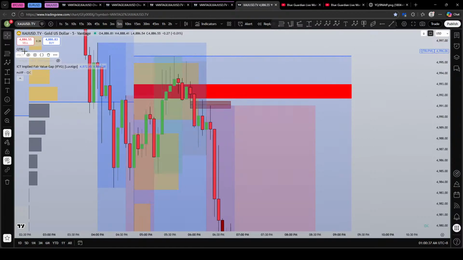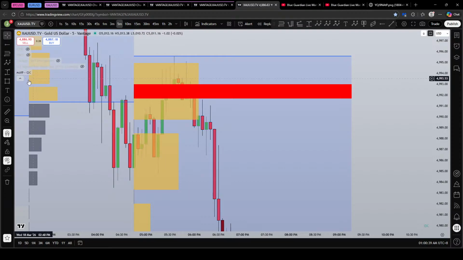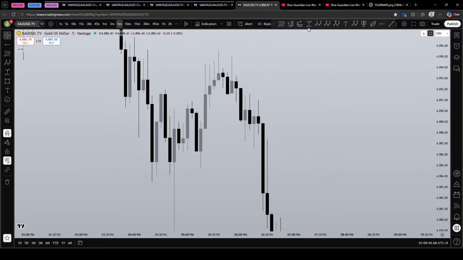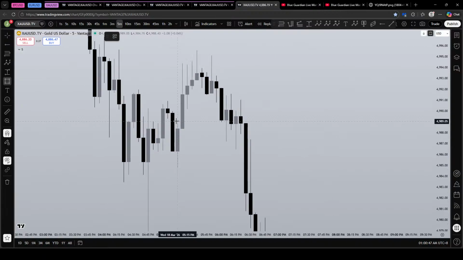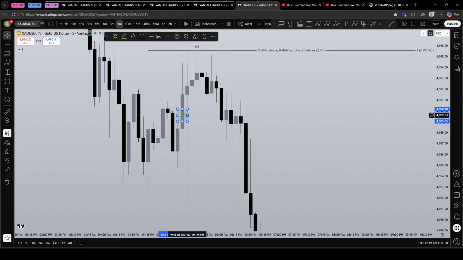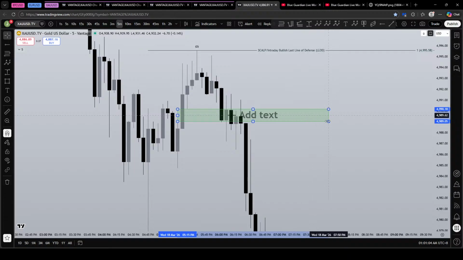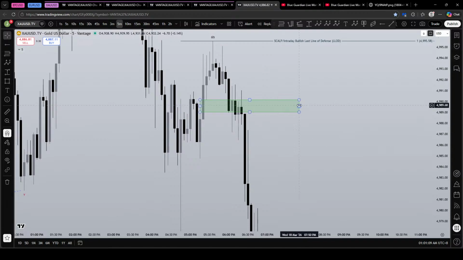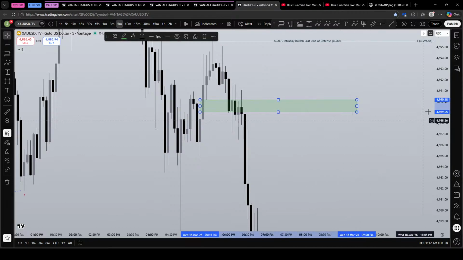When we say inverse fair value gap, this will be your inverse fair value gap. It is a fair value gap that was impulsively broken by the next candles. So in other words, if you want to find an entry, then this will be your best entry for an implied fair value gap. But this may be revisited after a while.